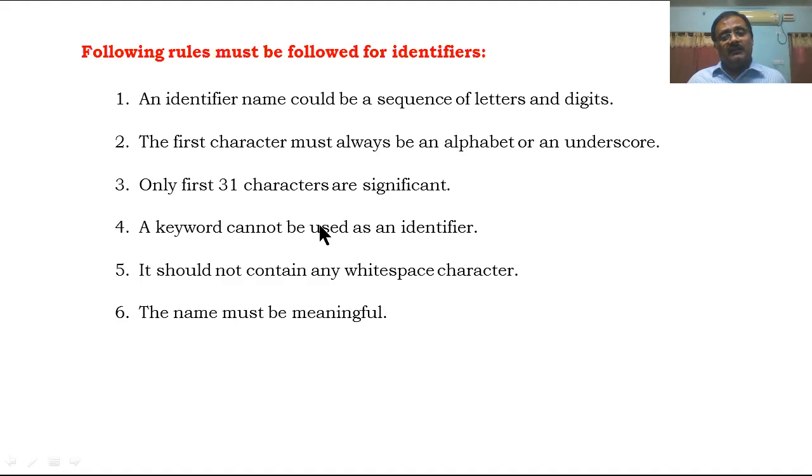Only the first 31 characters are significant. An identifier name should be up to 31 characters. If you name it with a length of more than 31, the remaining letters after the 31st character will be ignored. Now, a keyword cannot be used as an identifier.